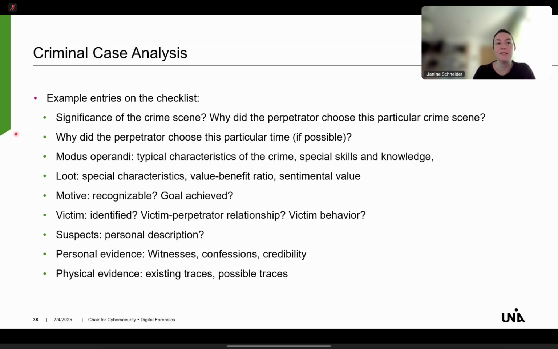So, these documents shall lead to helpful hypotheses, as I already said. And I think these can also be helpful for digital investigations, as they can be translated to the digital domain to some extent, and then also in this domain help forming good hypotheses.